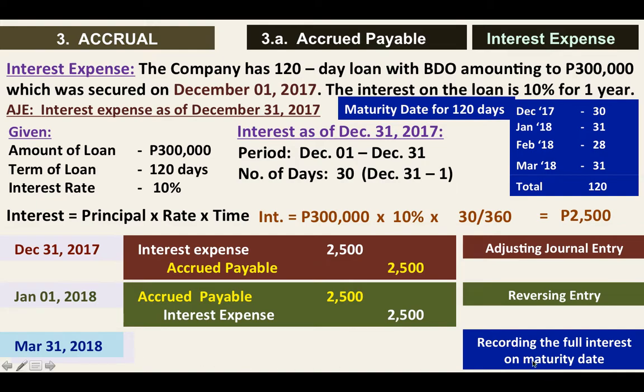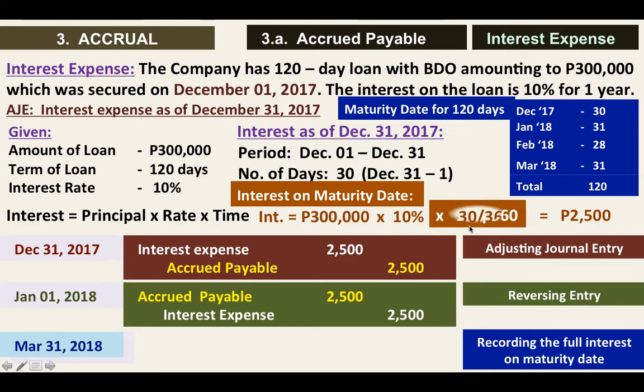So we can now record the full interest on the loan, buo, for 120 days. So we have to compute the interest on maturity date. The principal will remain as is, the interest will remain as is. Ang magbabago lang is itong 30 over 360 because this is the interest for 30 days but we are computing the interest for 120 days.